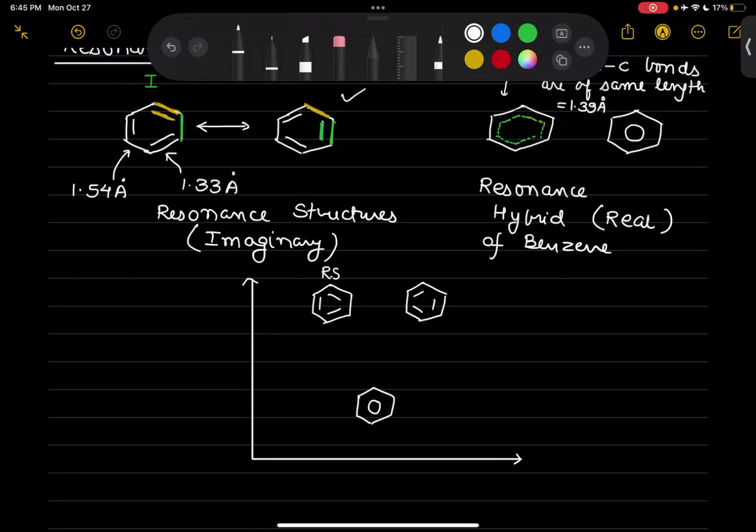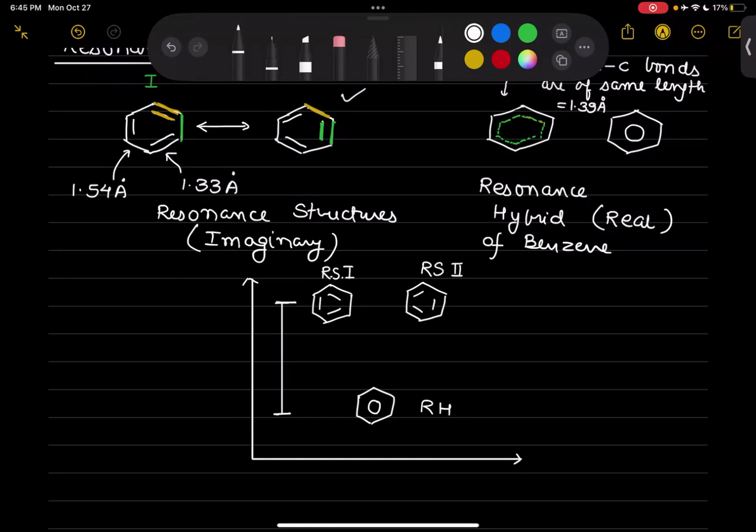This is resonance structure 1. This is resonance structure 2. And this is the resonance hybrid. It is more stable. Got it? What is this gap known as, which tells us the extent of stabilization?